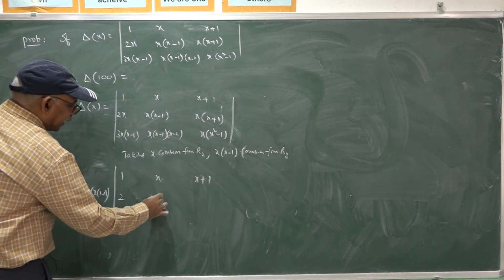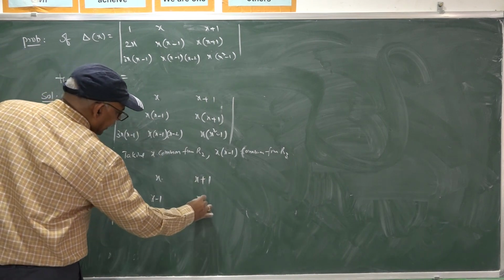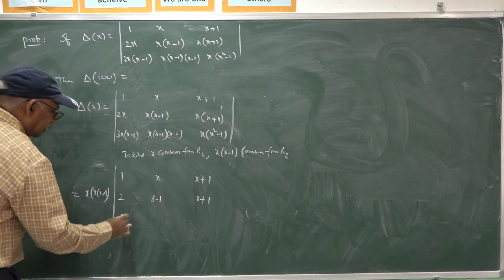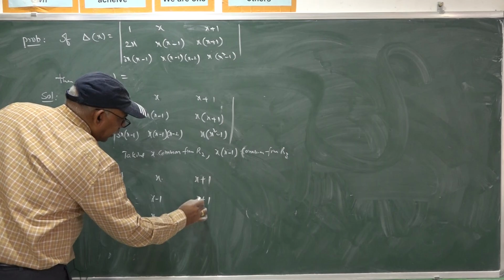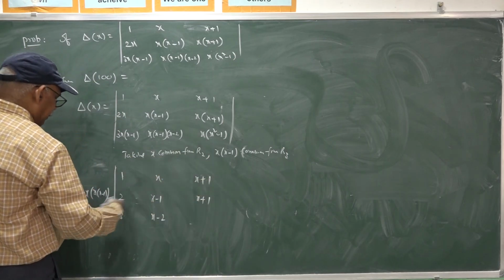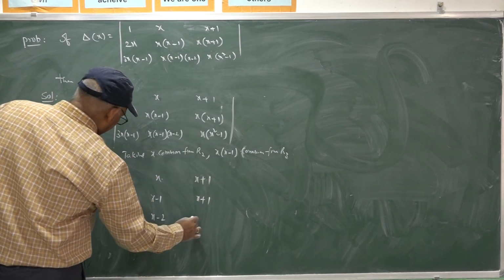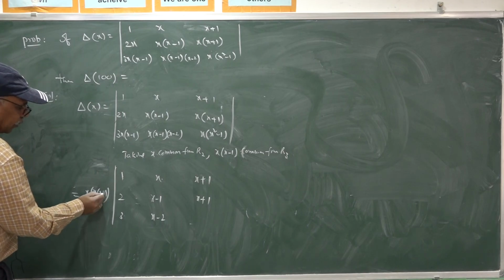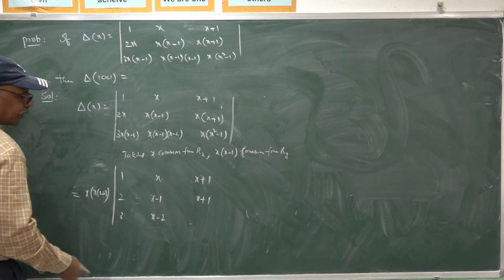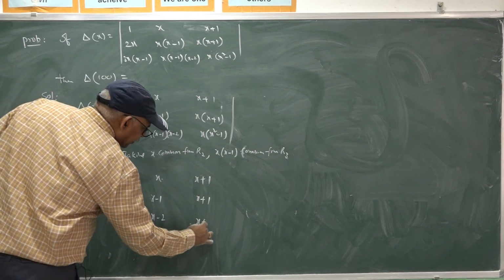Taking x and x minus 1 as common from the third row, we get 3, x minus 2, x plus 1.